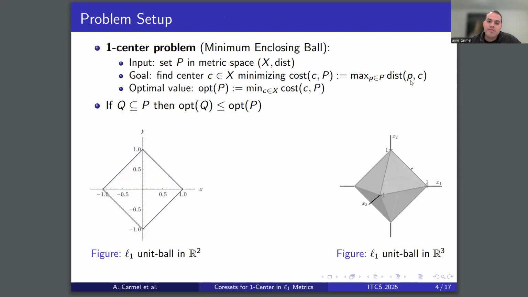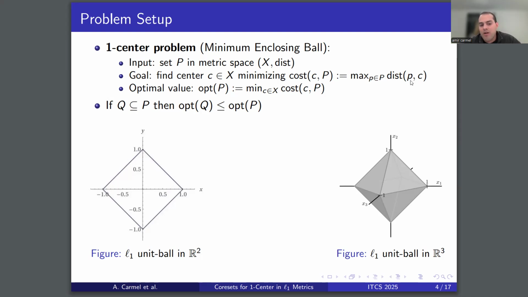The one-center problem is also known as the minimum enclosing ball problem. We start with the input set P of points in an ambient metric space, and our goal is to find the center in this metric space that minimizes the cost. The cost is the maximum distance from this point C to any point in the input set P. And the optimum value is the radius of the minimum enclosing ball.